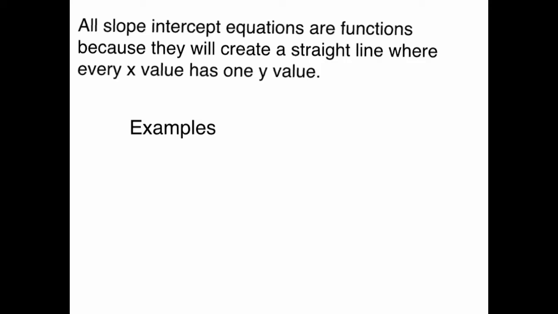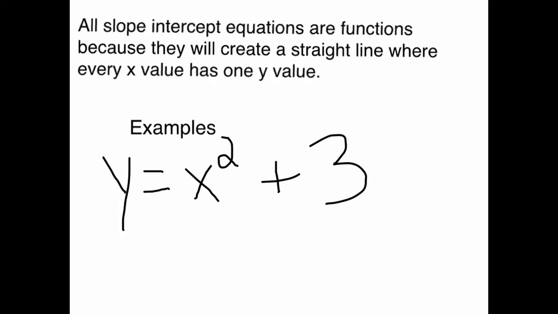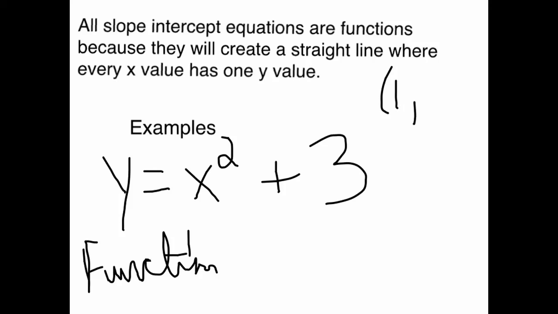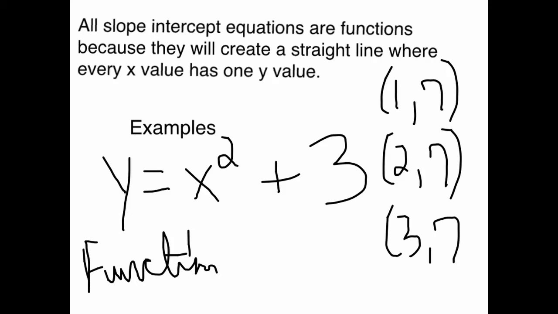Okay, if I had the example, whoops, let me get my pencil back out. If I had the example y equals x squared plus 3. Now immediately when I see that exponent, a red flag should go up in your head that will tell you that this equation is nonlinear. However, this equation is a function because it's okay for there to be multiple x values for each y value, which we just proved with our graph, where we said that there was going to be the same y coordinate for every x coordinate, which was absolutely okay.